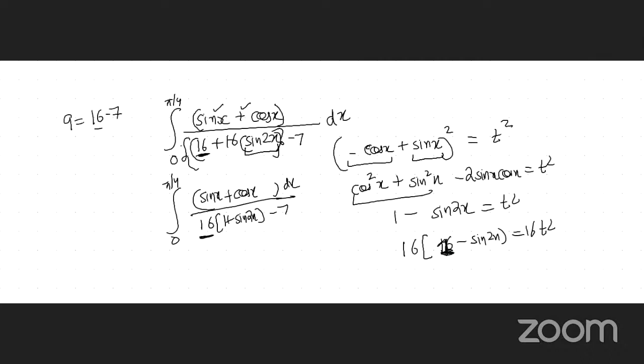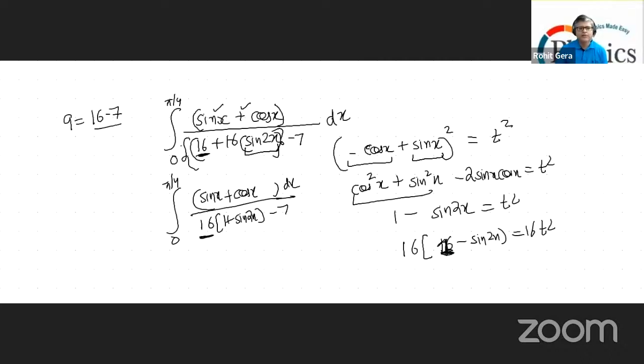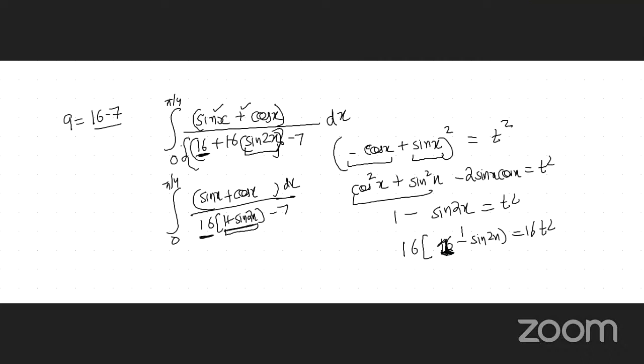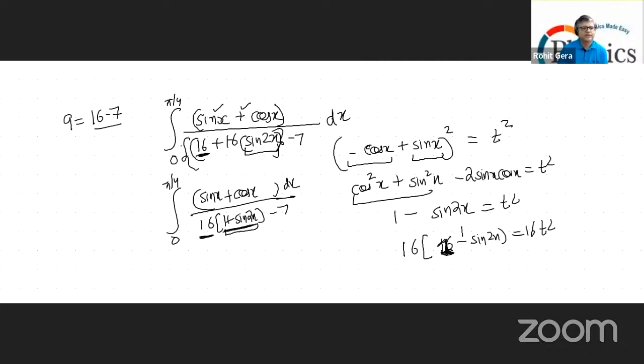The only difference is now I am getting a 1 plus sine 2x, I need to convert this properly so that I can write this as a whole square. The only difference is a sign, which I should get as 16 minus rather than 16 plus.